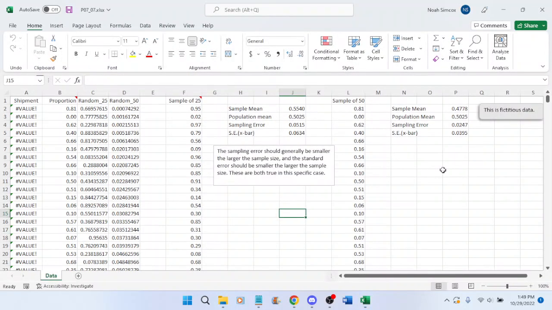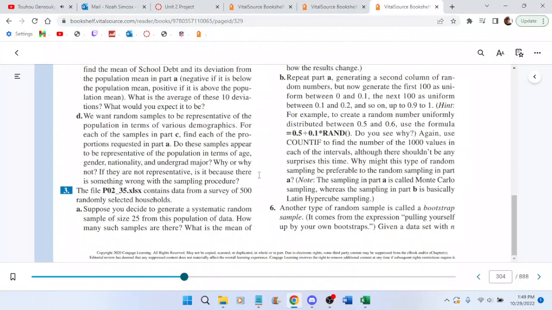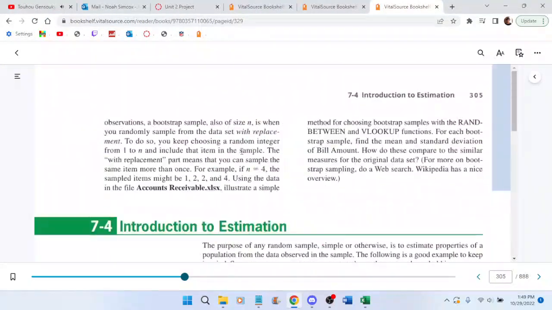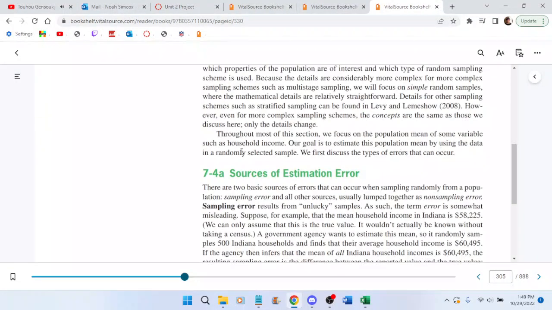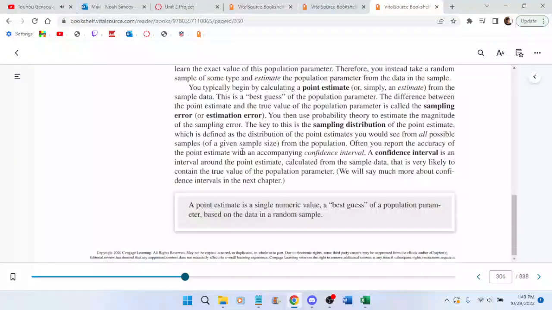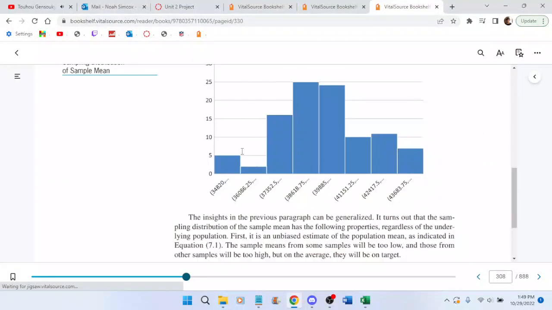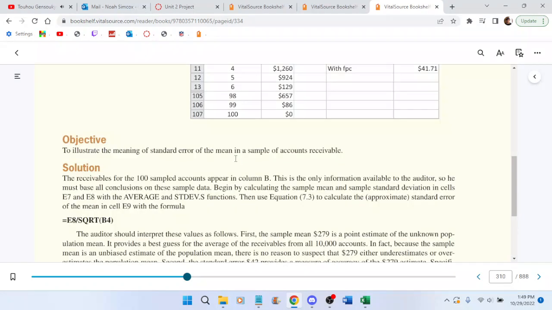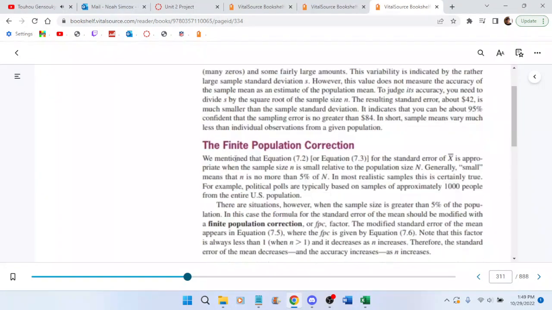So the way I generated a sample, I did only 2 samples here. See? Number 7. Are you kidding me? I have to go all the way to the next set of problems.